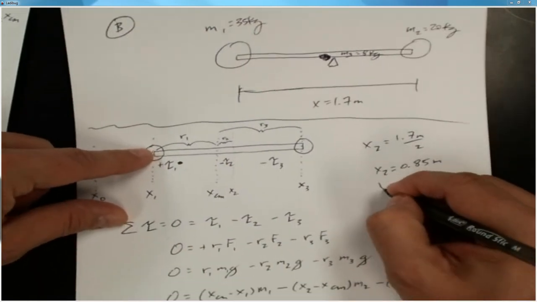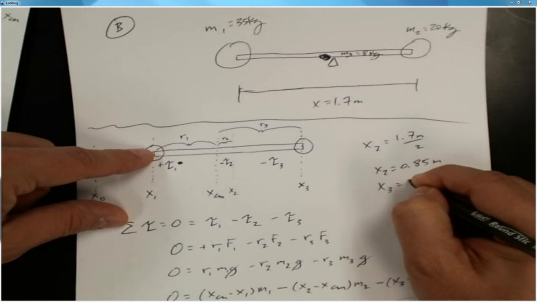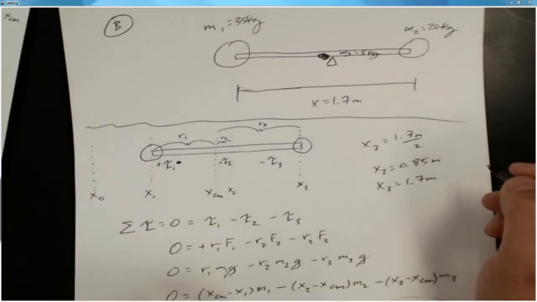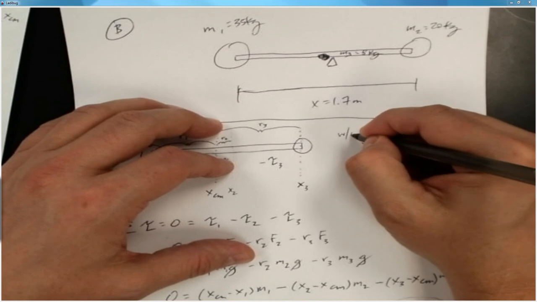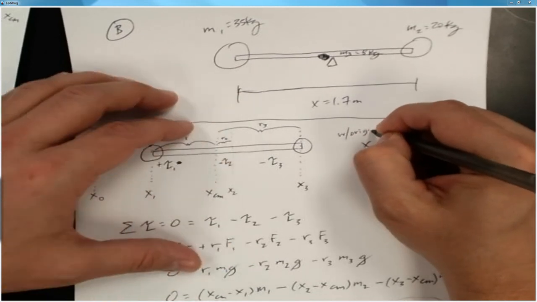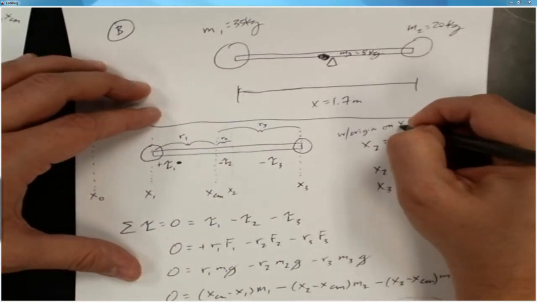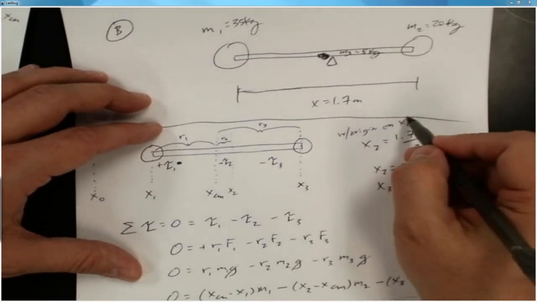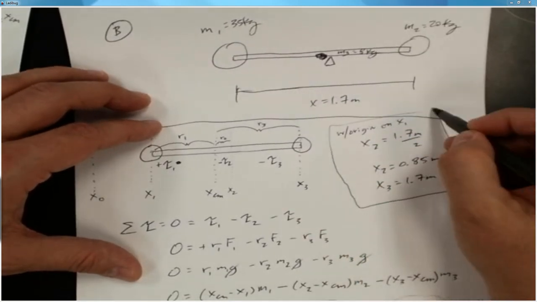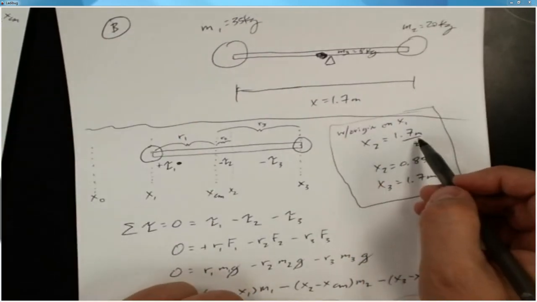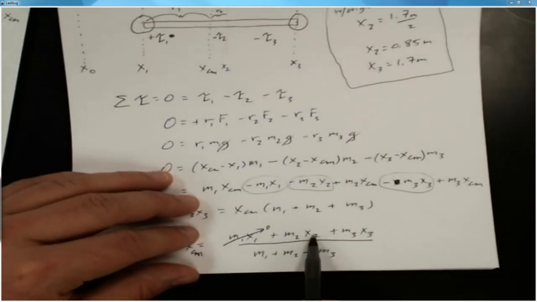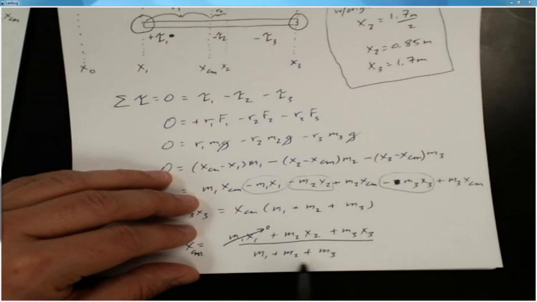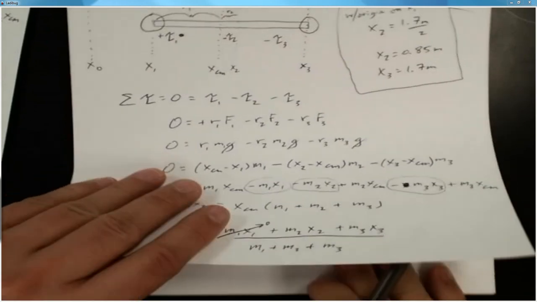So x3 is going to be equal to 1.7 meters. Right? As long as I set the origin on x1, then x2 is halfway in the middle of the bar, and x3 is the whole bar. So now I know what x2 and x3 are, and x1 becomes 0, and I know the masses. Yay! I can do this.